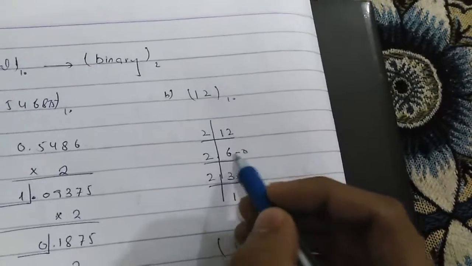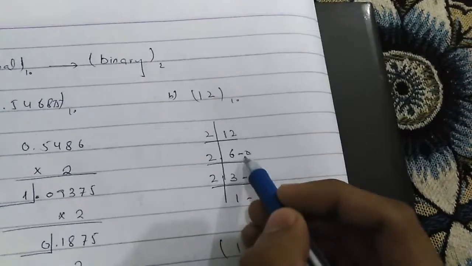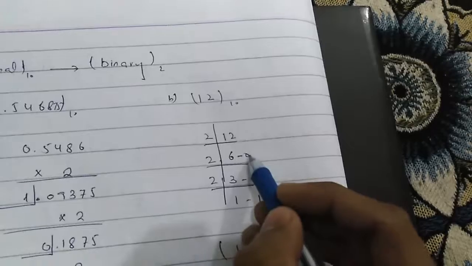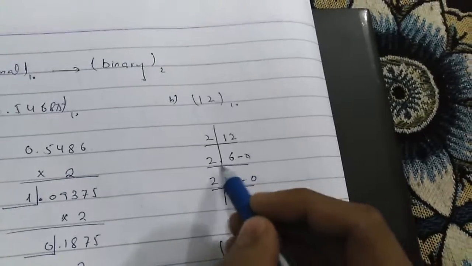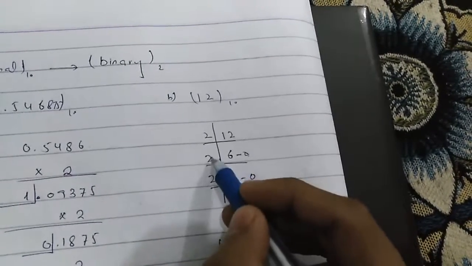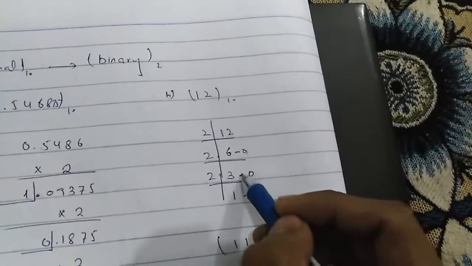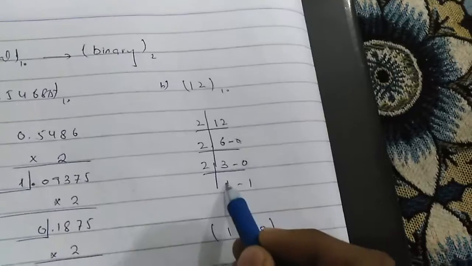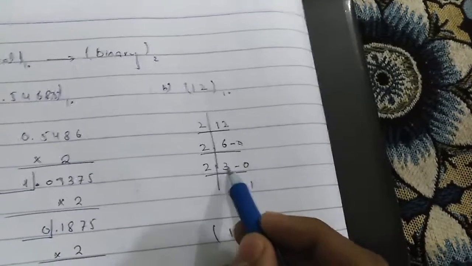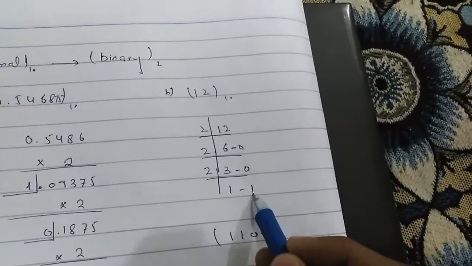2 6s are 12, remainder is 0 because no remainder is left, we write 0. And here also 2, we write 2. 2 3s are 6, here also 0. And 2 1s are 2, here a remainder of 1 is left, so we write 1.